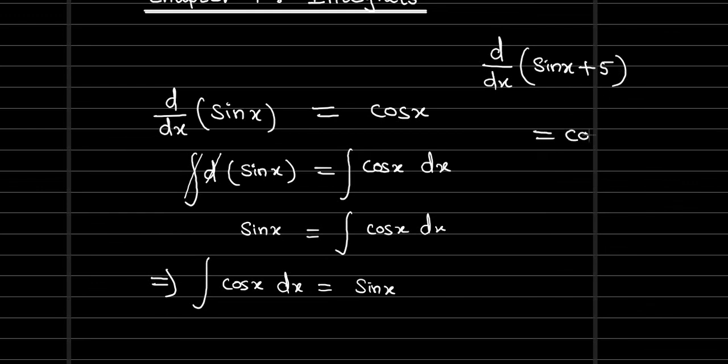Sin x differentiation is cos x, and plus 5 differentiation is 0. So the result is cos x. Not only for sin x, even for sin x plus 5 the differentiation is the same cos x. Even if it is 100 or some other number, anything is possible as a constant.